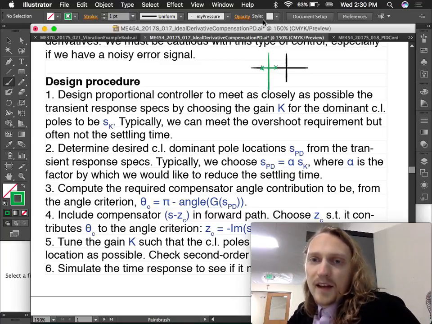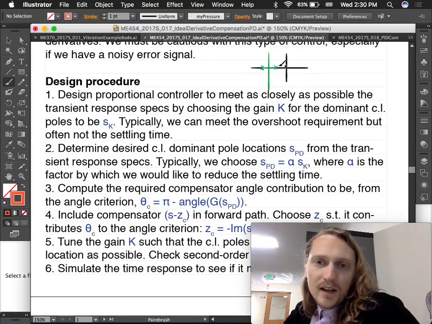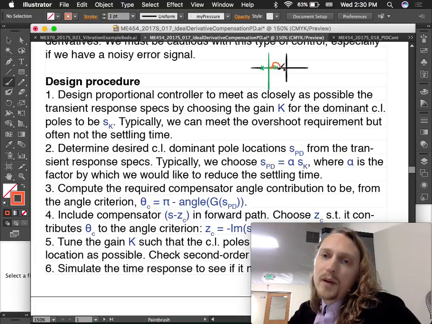Then the angle criterion says that if you were to pick a point anywhere on this, say we'll pick one on the real axis here, if it's on the root locus, then the angle of the poles, so that means this angle, the angle from this pole to this point. So if you drew a vector from x to this dot, the angle of it's 180, right?